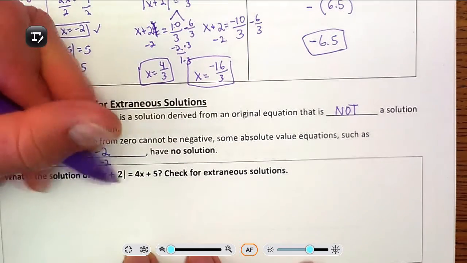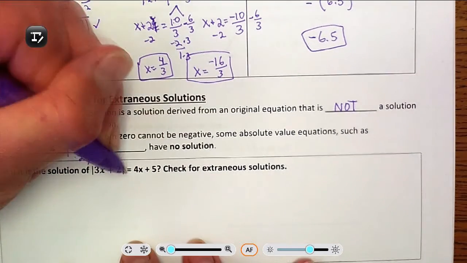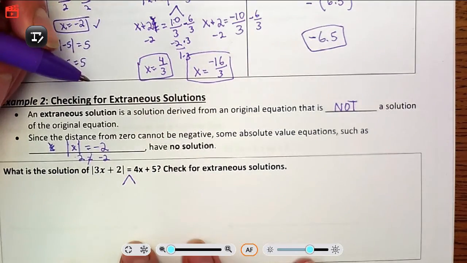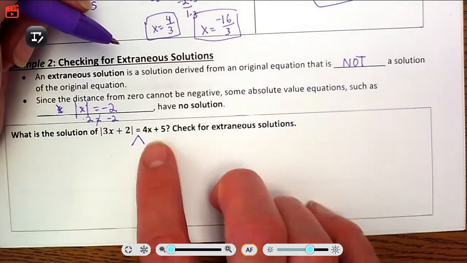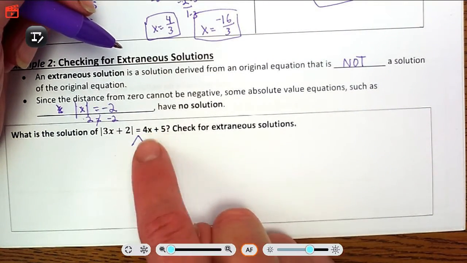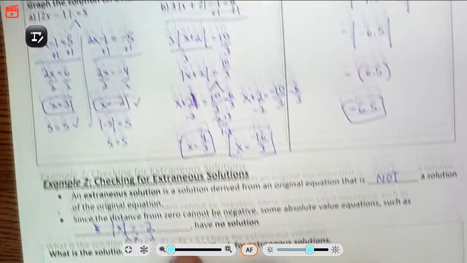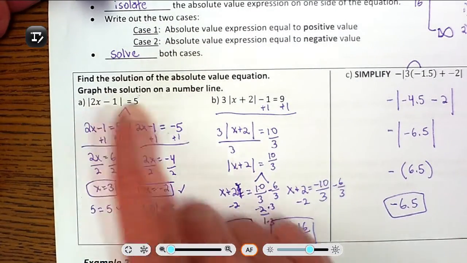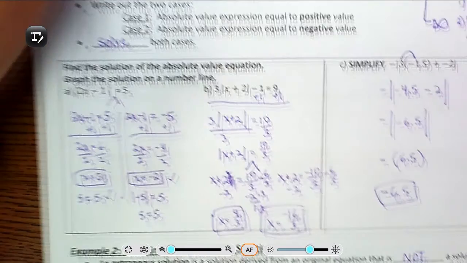What is the solution of this? Check for extraneous solutions. We are especially going to have extraneous solutions pop up when we have another x somewhere in the equation, like right here. In our problems up above, we only had one x, so there will be no extraneous solutions.